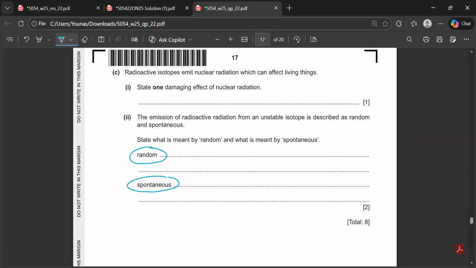Spontaneous means that once that unstable nucleus starts decaying, it does not need any external temperature, any external heating. It does not require anything externally. This happens spontaneously, on its own.